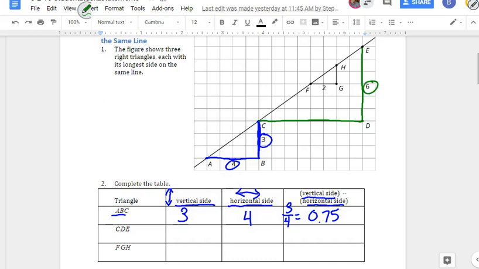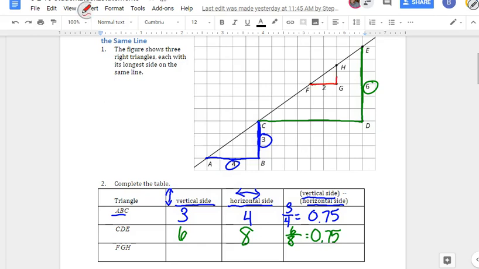Okay, so the vertical side for CDE is this side over here, up and down, which is 6. The horizontal is 8, which means the vertical divided by the horizontal would be 6 over 8. And if you type that into your calculator, we get 0.75.